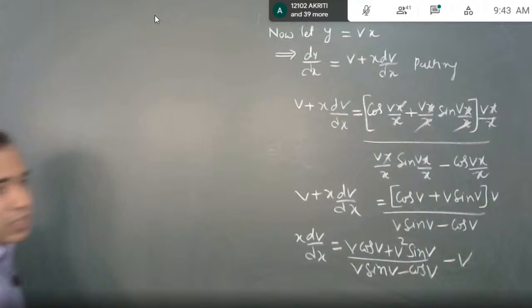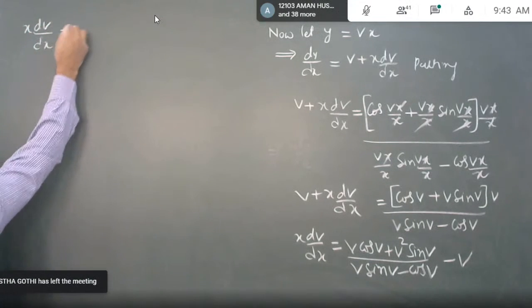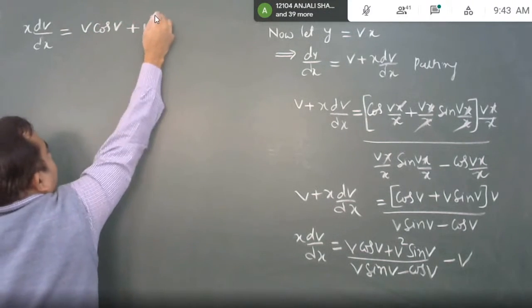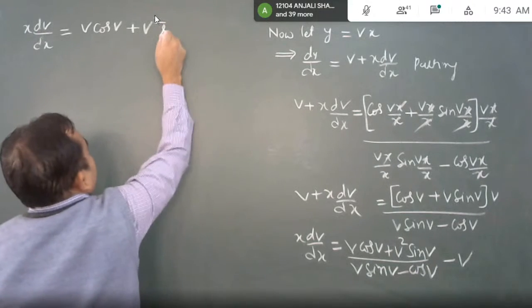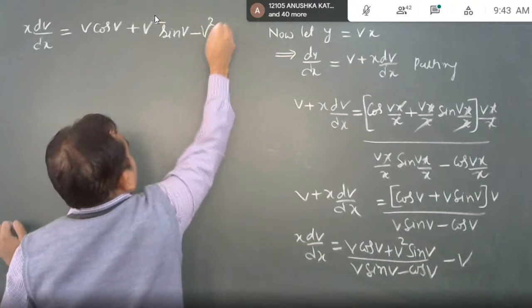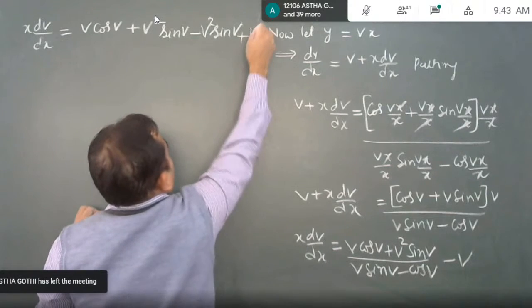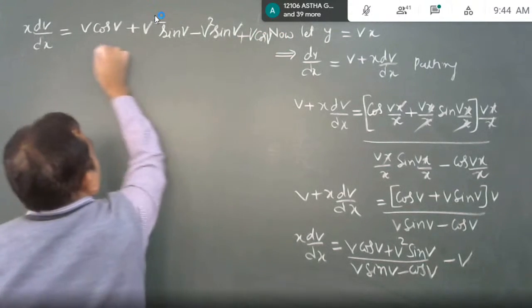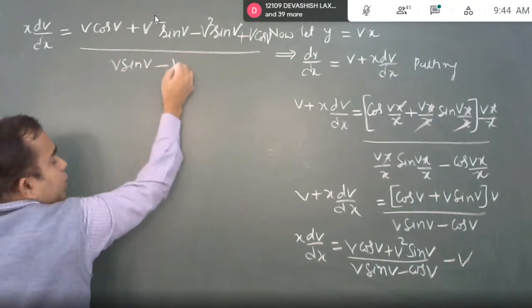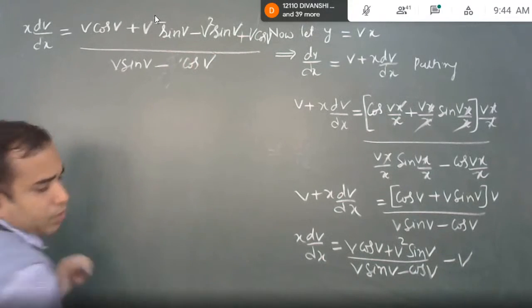Now taking LCM, it will become x dv upon dx equal to v cos v plus v square sin v minus v square sin v plus v cos v, whole upon v sin v minus cos v, right.